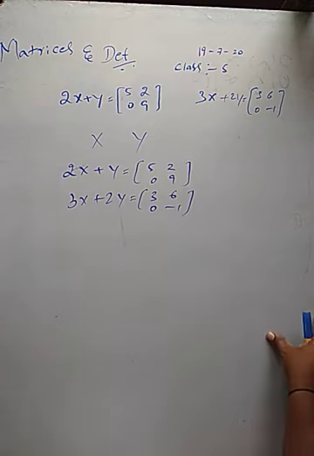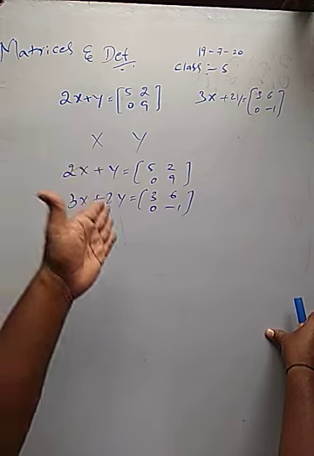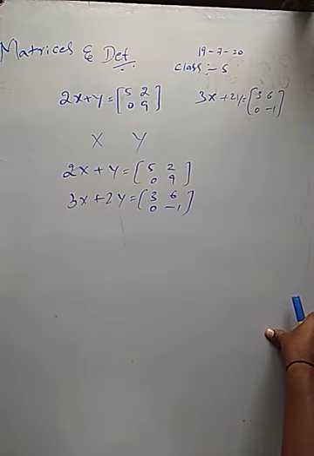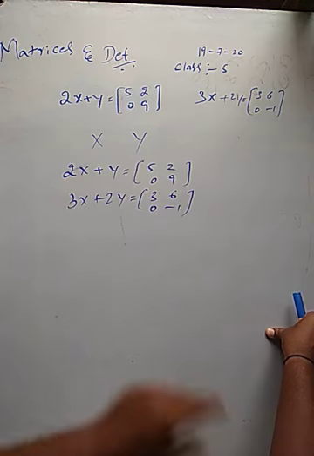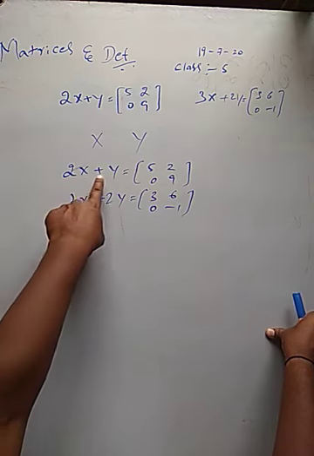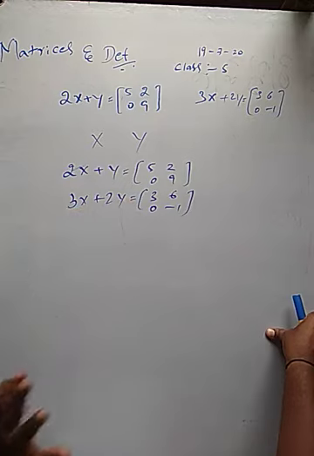Yes, already we have done this type of problem in the previous class. Here also it is the same problem. The confusing thing is that the coefficients of capital X and capital Y were 1, 1 in the previous class example.